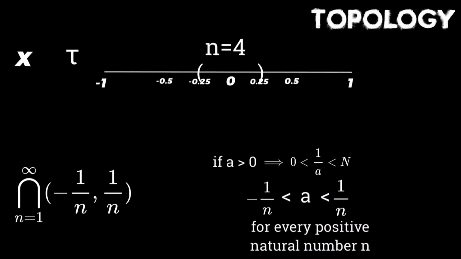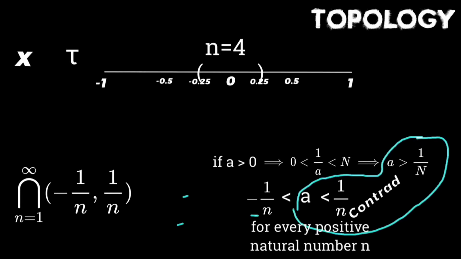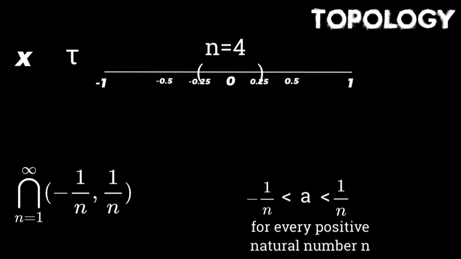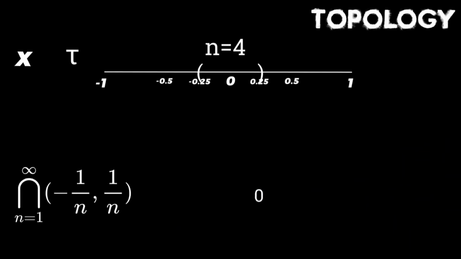Let n be a positive number which is greater than this. Then its reciprocal is lesser than the actual number. This contradicts our assumption. Similarly, we can say that the number must be greater than 0. By these two, there doesn't exist such a number. The only number present in the intersection is 0.